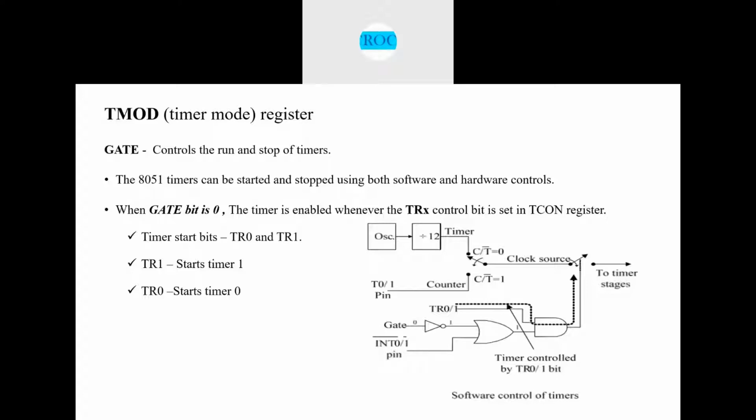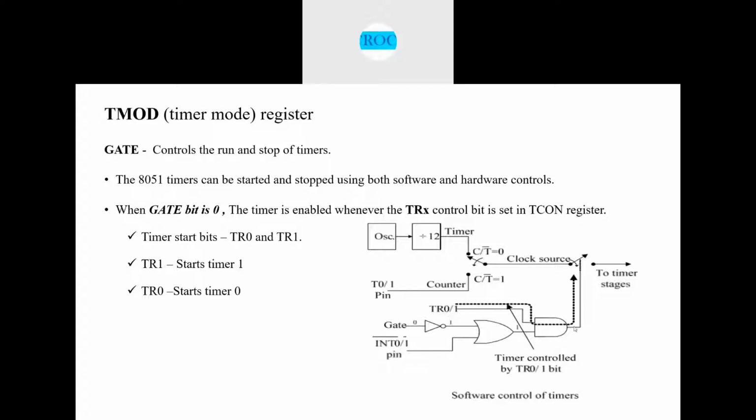So when the gate signal is 0, the timer is enabled whenever the TRX control bit in the TCON register is set to 1. The output of the AND will be 1 only when the timer starter bits, TR0 for timer 0 and TR1 for timer 1, are 1.